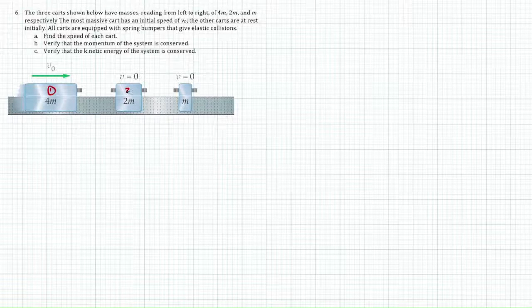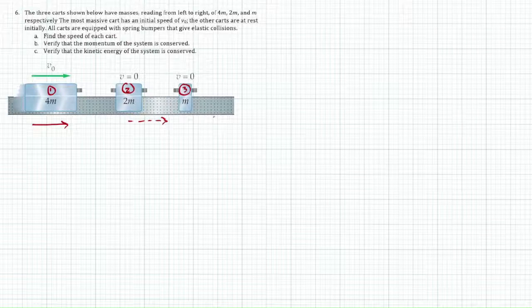Object 2. And object 3, okay? And only one is moving. So this guy is moving. It is looking to crash into object 2, which in turn will then move to crash into object 3.